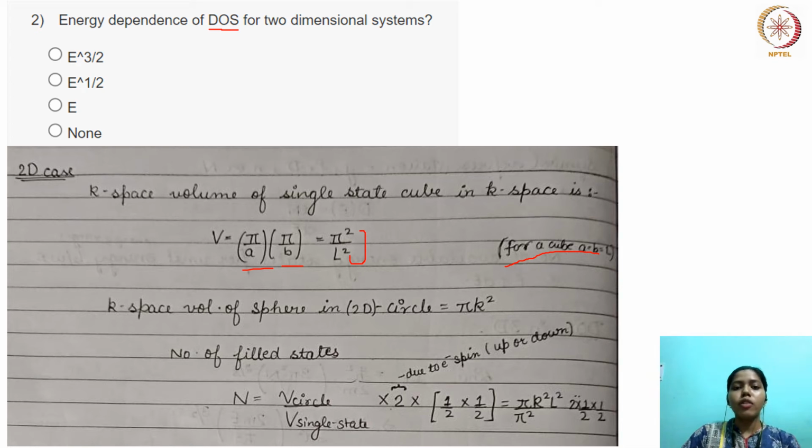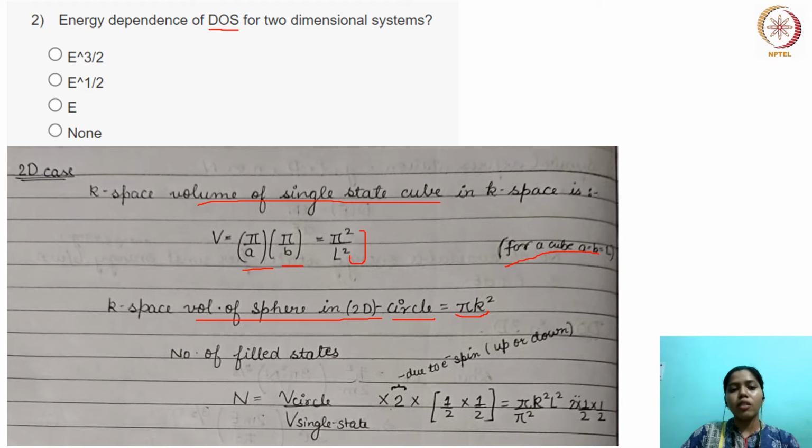So it is the volume of a single state cube in k space. Now if we talk about the volume of a sphere in two dimensions, in two dimensions we will not have a sphere. What will we have? We will have a circle. So for the circle, we will have pi k square.